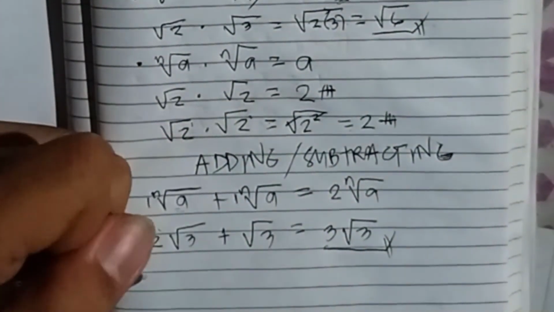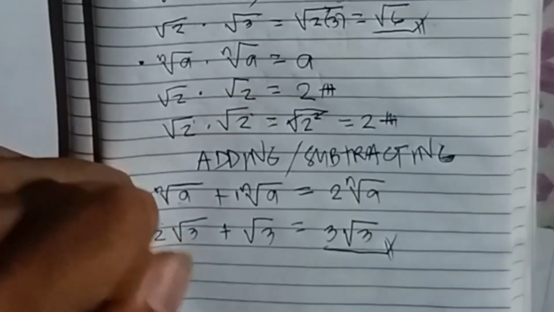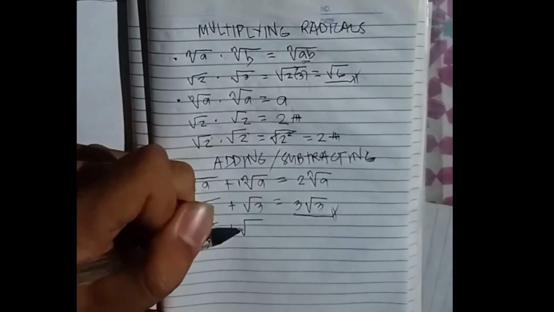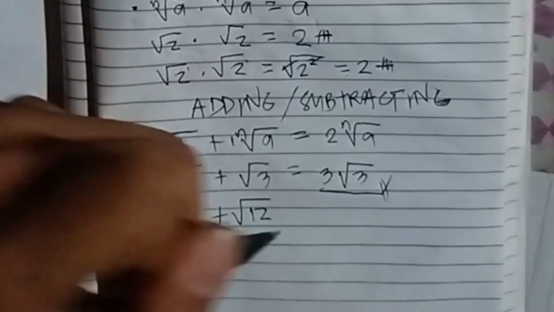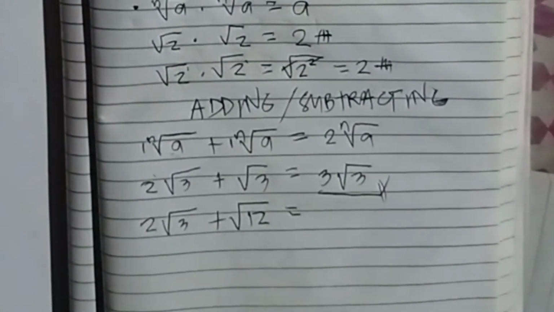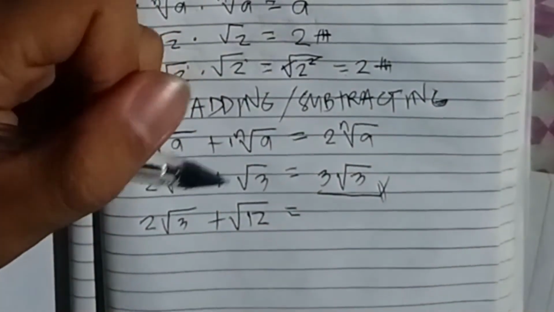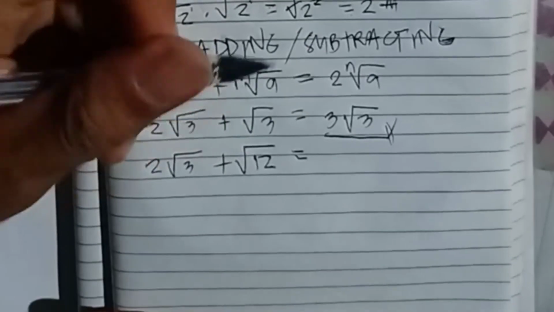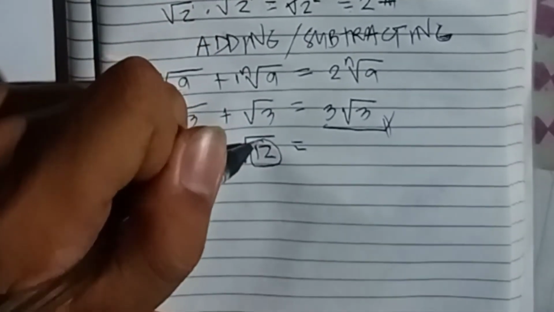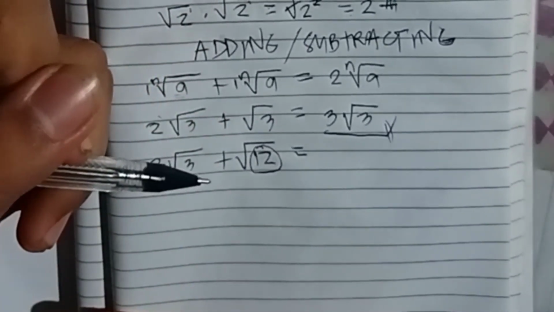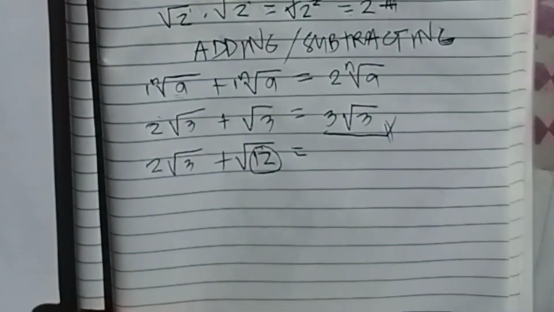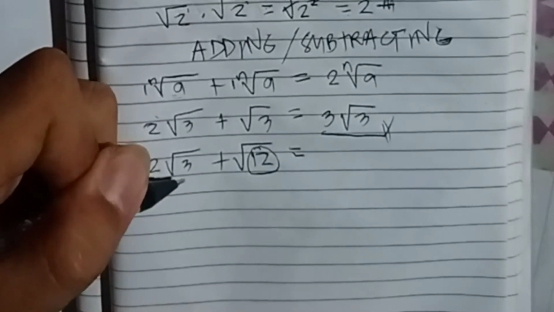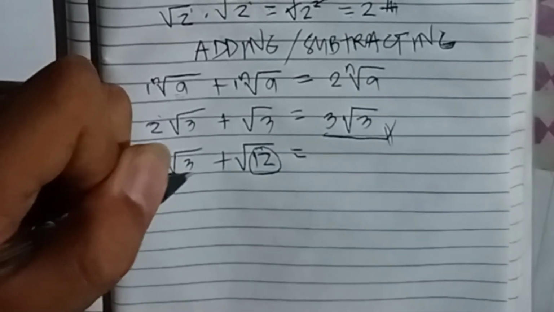Another example, if we have 2 square root of 3 na rin, plus square root of, let us say we have 12. Okay. At first glance, makikita natin hindi same yung radicand niya. But we can factor this one in which yung isang factor is perfect square at yung isa niya ay the same yung number sa radicand dito.